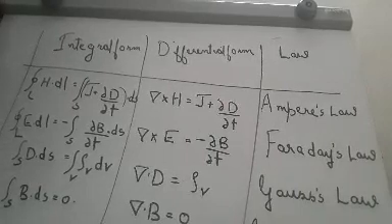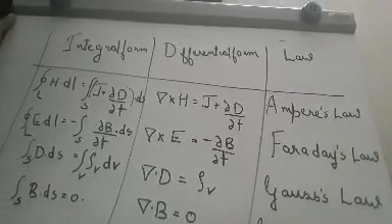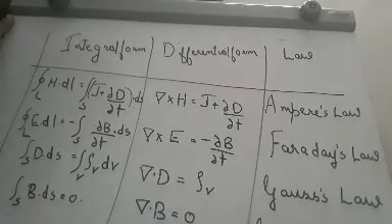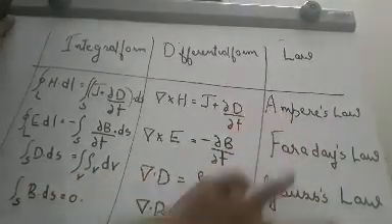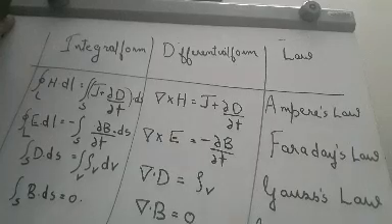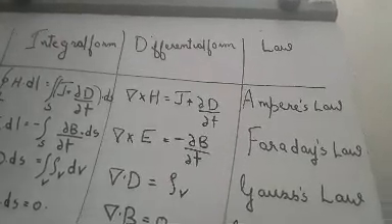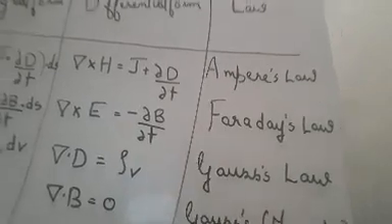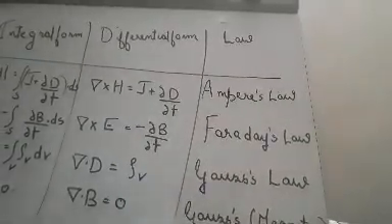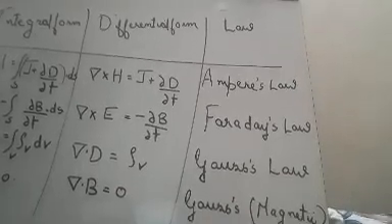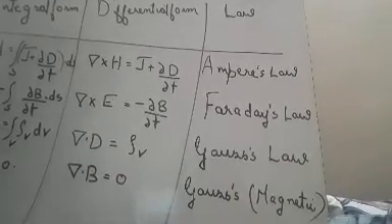So these are the Maxwell's equations in integral as well as differential form. First law is Ampere's law, second is Faraday's law, third is Gauss's law for electric field, and fourth law is Gauss's law for magnetic field.